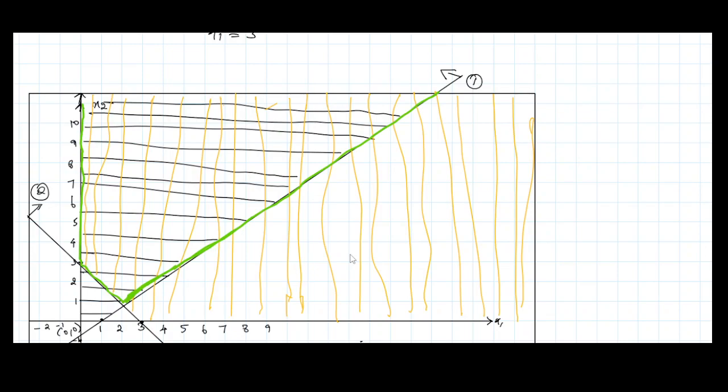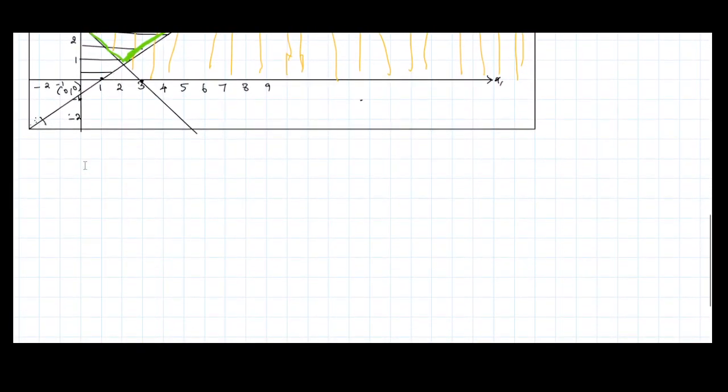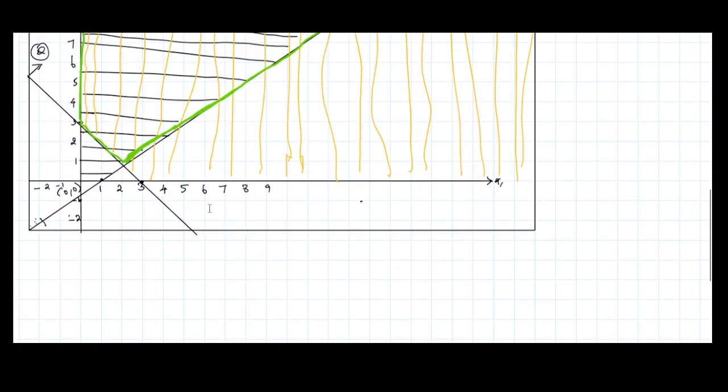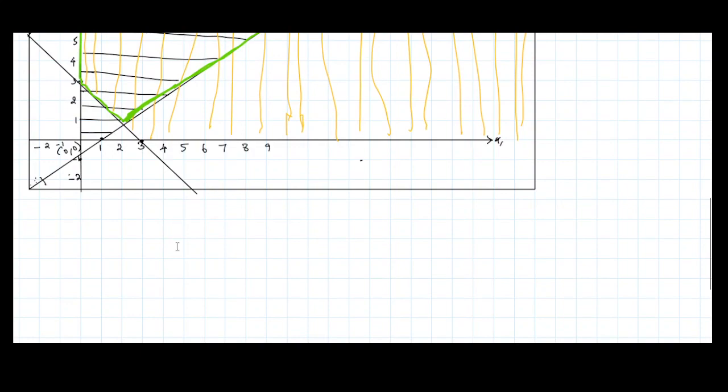Our motivation is finding the maximum value of this problem. Since the region is unbounded, therefore it has no optimum solution.